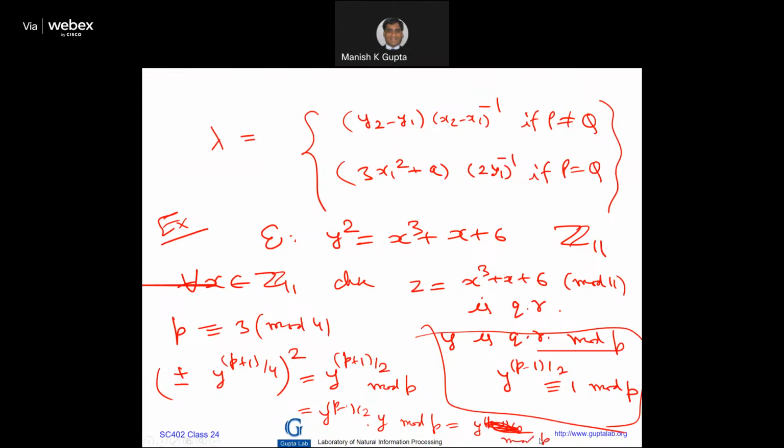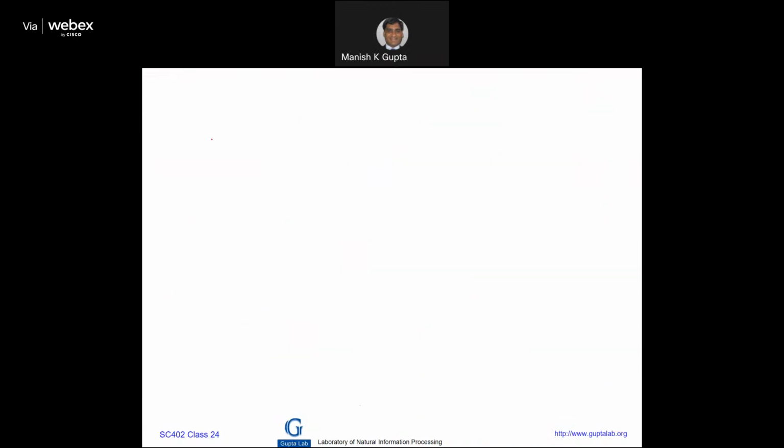So that means we have plus minus z raised to power (p plus 1) by 4. This is a general thing. So in our case, 11 plus 1 by 4, the square root is plus minus z cube mod 11.